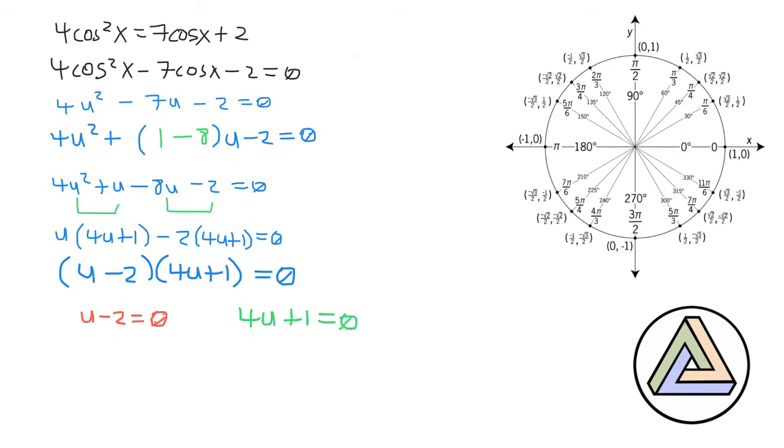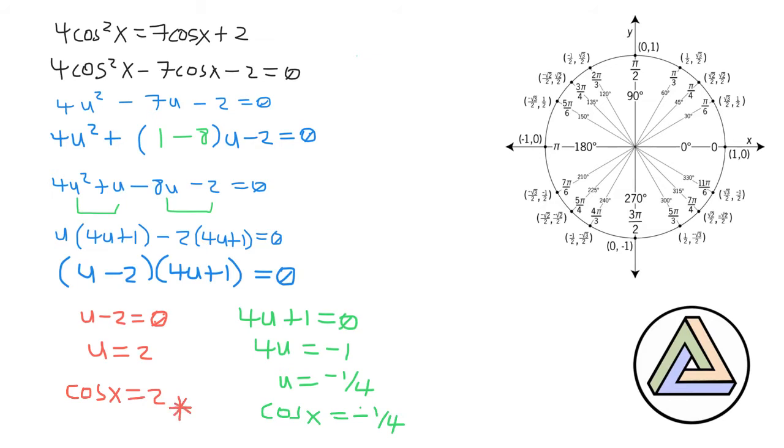Focusing on one at a time, we would have u equals 2 over here, and we would have 4u equals negative 1 after subtracting 1 from both sides, and then u equals negative 1/4 after dividing both sides by 4. And then we could substitute cosine x back into u, and it would be cosine x equals 2 over here, and cosine x equals negative 1/4 over here.